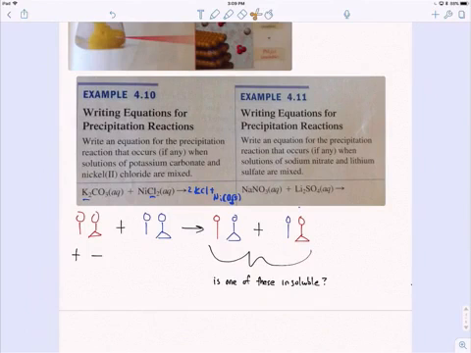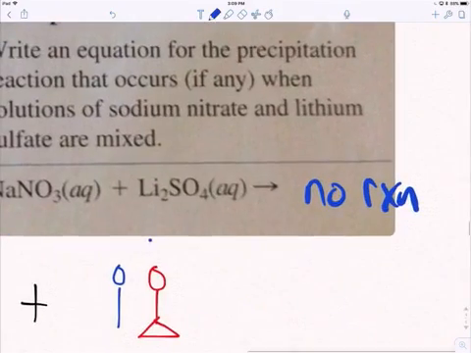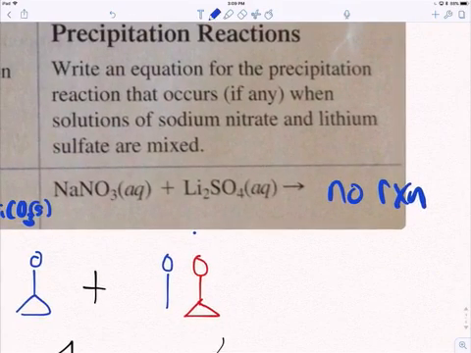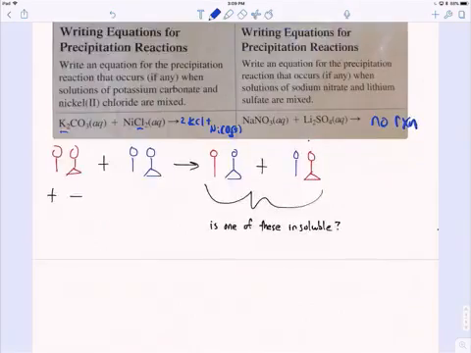These are all soluble. So what happens here is no reaction. Seeing this RXN, RXN means reaction. So this means that if you mix these two together, absolutely nothing happens. So it's a boring thing to do. All right, questions with this?